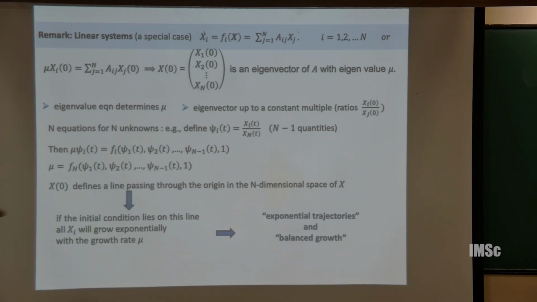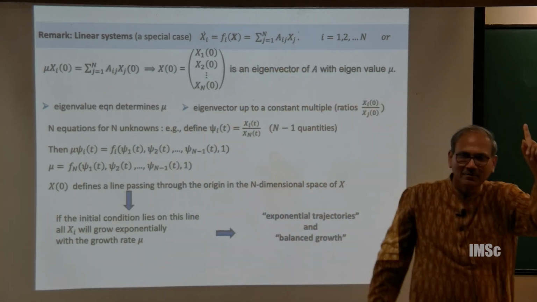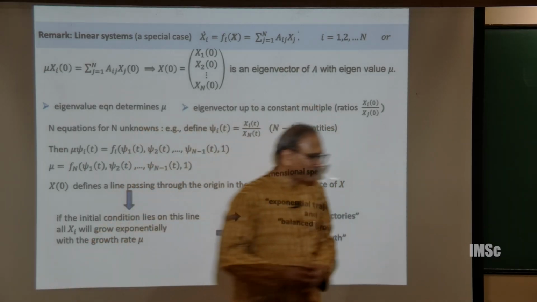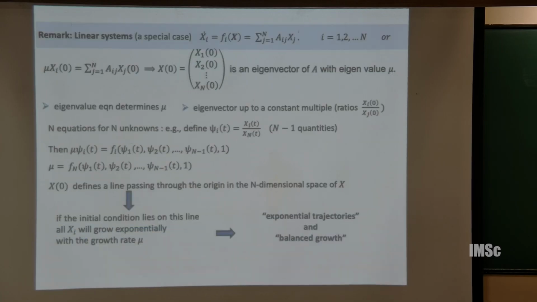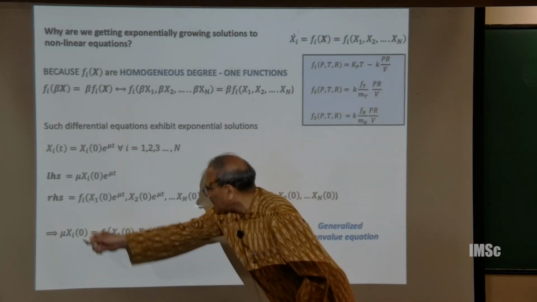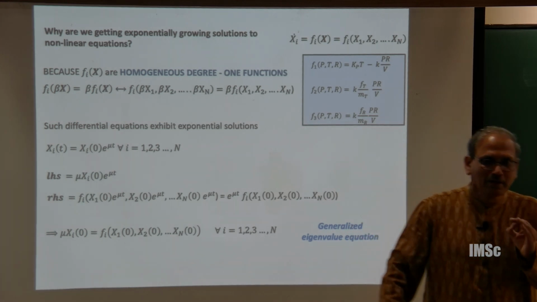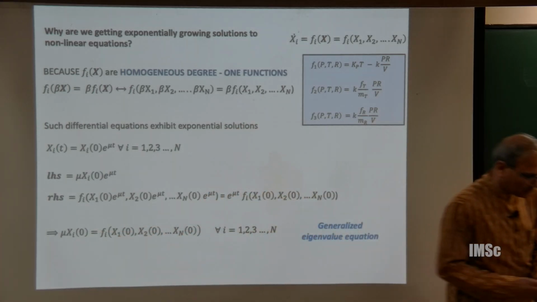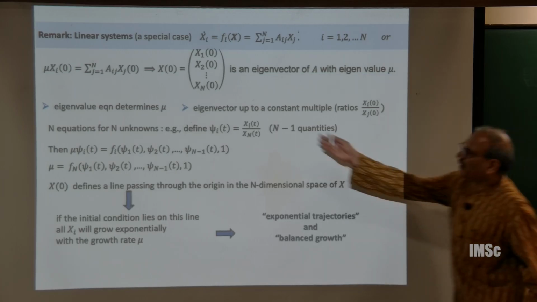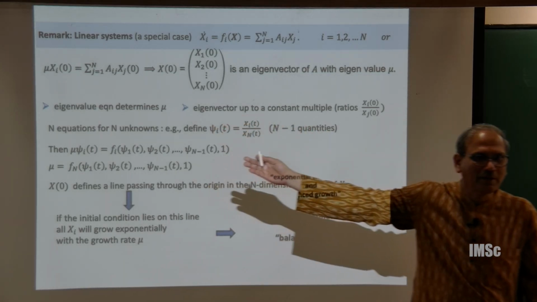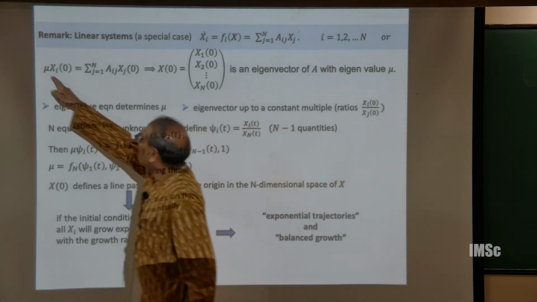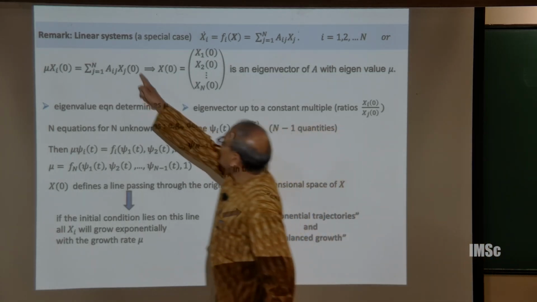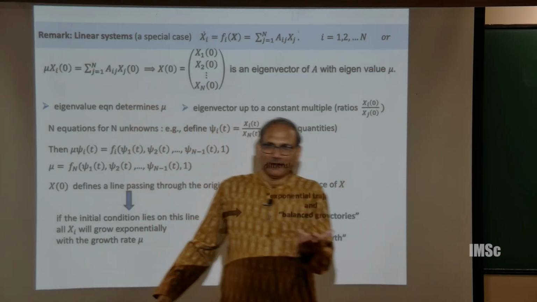Right? A linear system is defined by a constant matrix A. And in that case, the equation that we have derived for general nonlinear but homogeneous degree 1 solutions actually reduces for linear systems to nothing but the eigenvalue equation of the matrix of the linear problem, where mu is the eigenvalue of A, and these vectors must be the eigenvector.